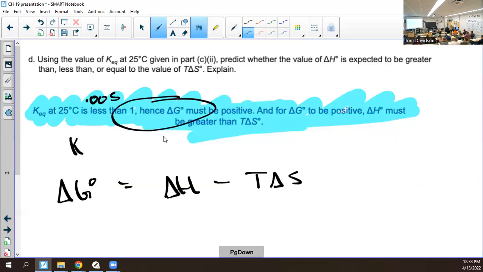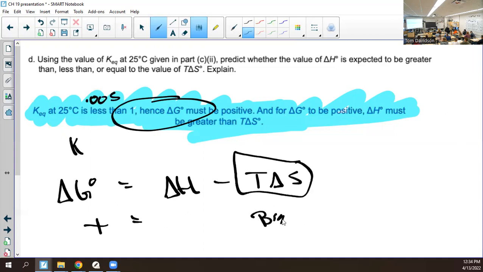Okay, where was I? Right here. For delta G to be positive, this has to be a positive value, right? This piece has to be bigger than this piece, because this was a negative. No, was it negative? They're both positive.